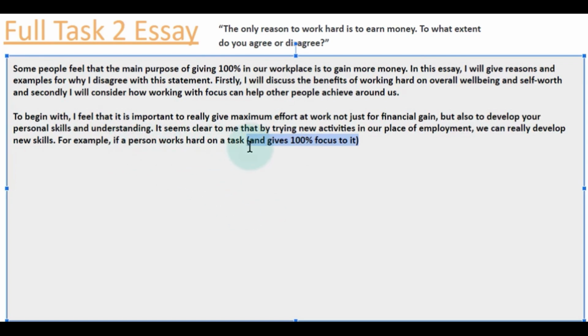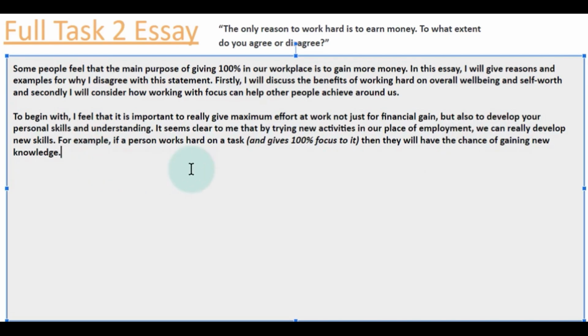If a person works hard on a task and gives 100% focus to it, then they will have the chance of gaining new knowledge. It's almost what I said in the first sentence, my topic sentence, but the example here just gives a bit more of a specific piece of understanding. So I'm talking specifically if you work hard on something and you focus on it, maybe we could even put this in italics. You'll have the chance of gaining new knowledge.